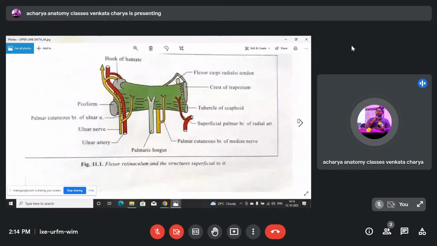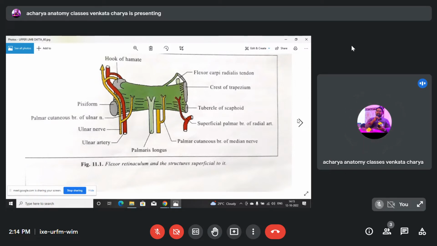It runs downwards, bifurcate. Bifurcate means divides into 2 branches. Bifurcate gives the 2 branches.